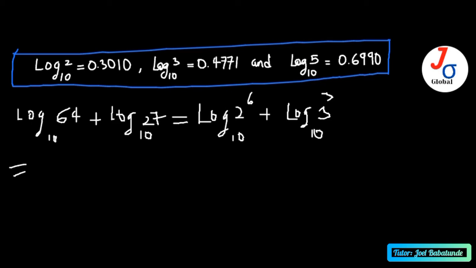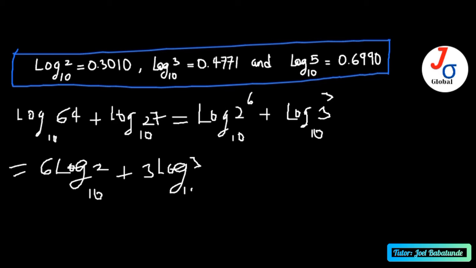And so this 6 comes to the front based on the law. That gives us 6 log 2 base 10, then plus this 3 goes to the front. That becomes 3 log 3 base 10.